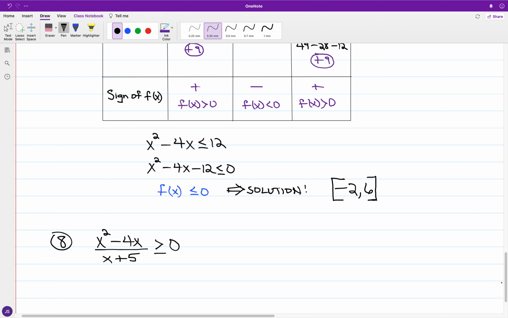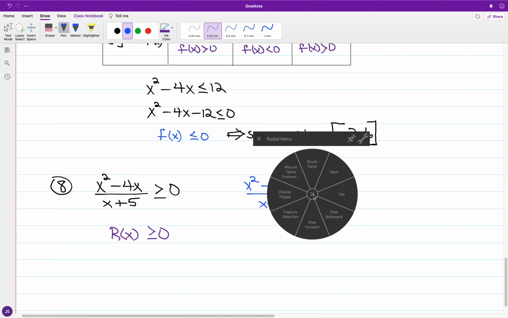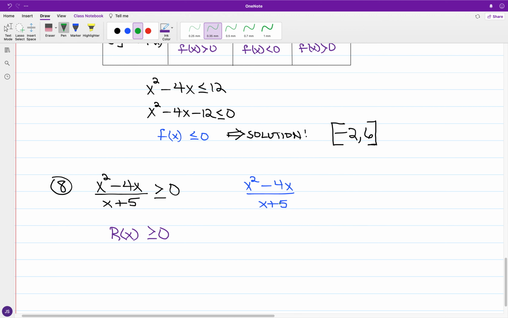So essentially r of x is greater than or equal to 0, for x squared minus 4x over x plus 5.